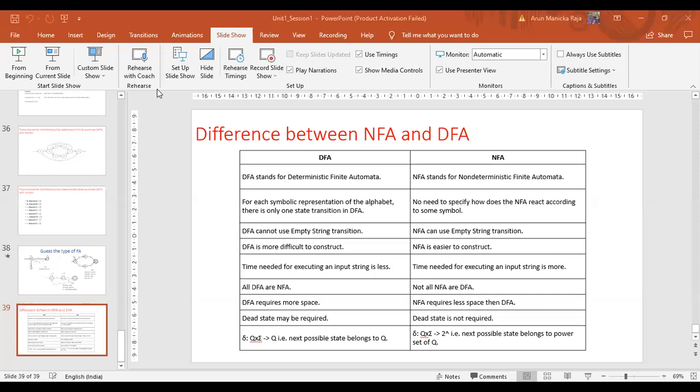Is this an NFA or a DFA? Ma'am, it is showing the difference between NFA and DFA slide, ma'am.